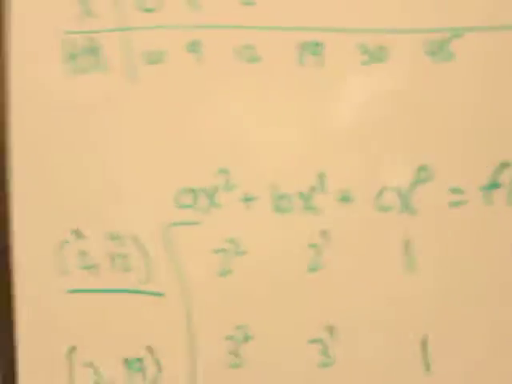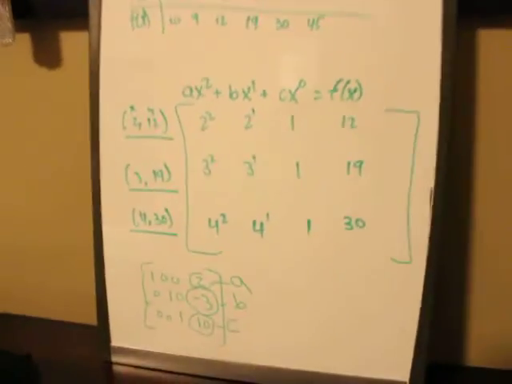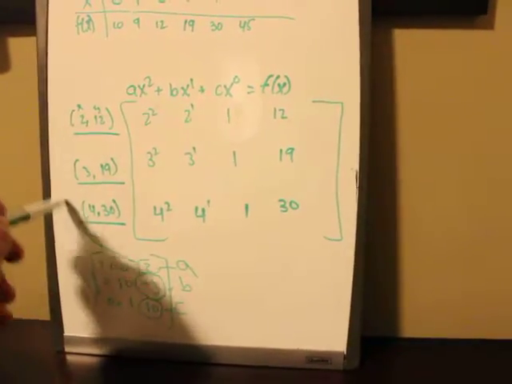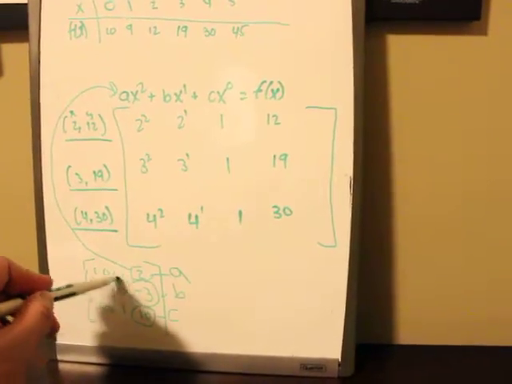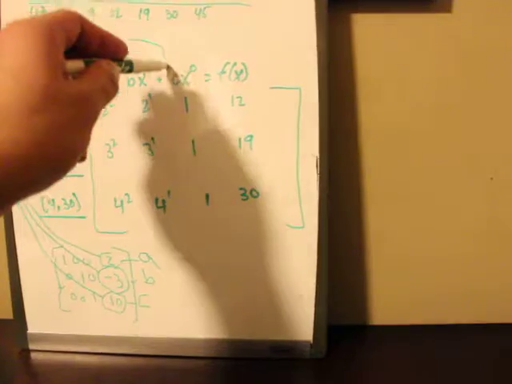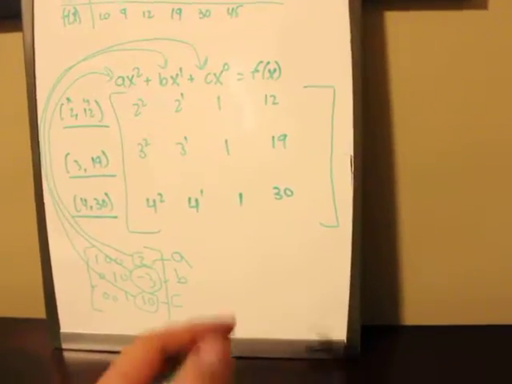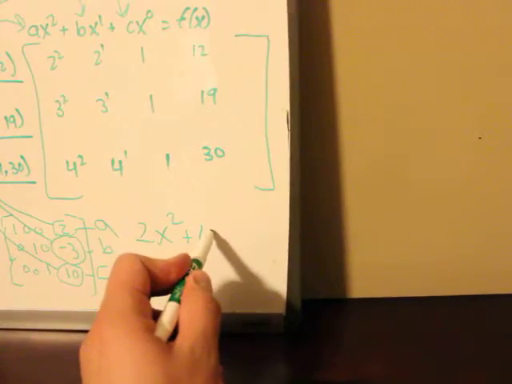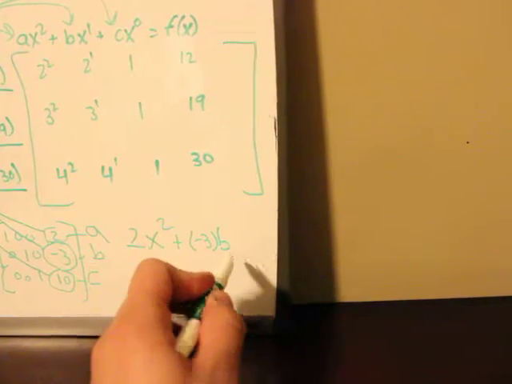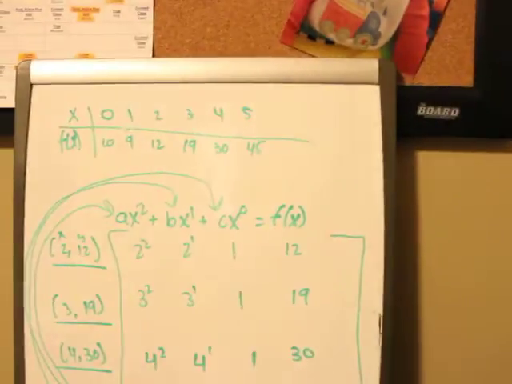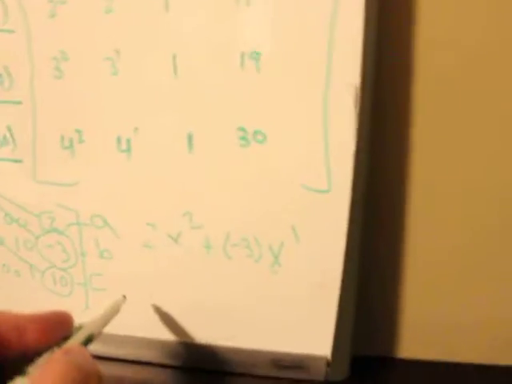So when I go back up here and I go to this equation, all I'm going to do is take this number and plug it in for A. I'm going to take this number and plug it in for B. And I'm going to take this C value and plug it in for C. So essentially what I'm going to have is 2x squared plus negative 3x to the 1 plus, let me write that a little bit neater, down below.